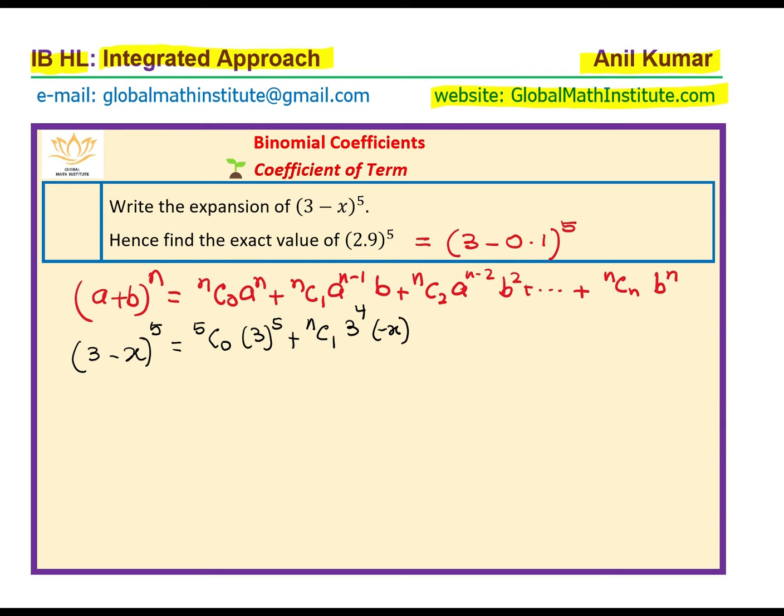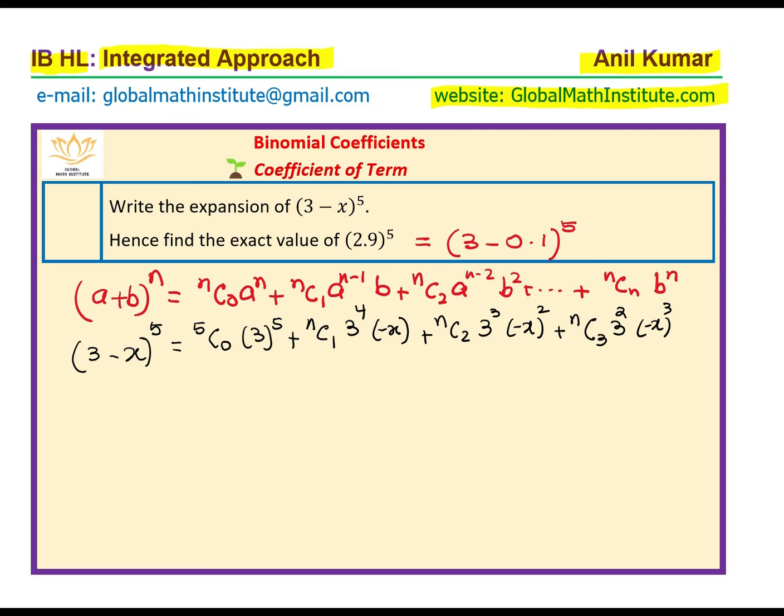So alternately, the terms are negative and positive, starting with the positive number. Then the next term, 5C2, 3 cubed, minus x squared, so that becomes positive. Plus 5C3, 3 to the power of 2, 5 minus 3, and minus x squared becomes cubed now. So 2 plus 3 is 5.